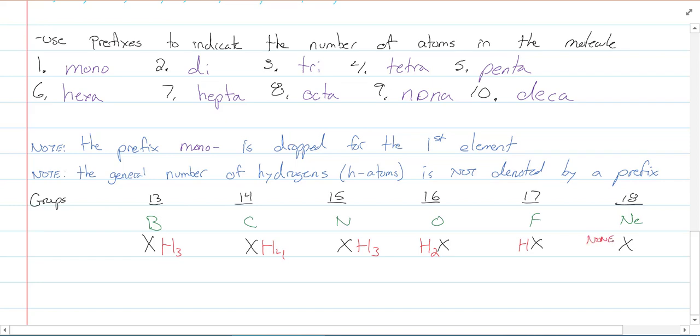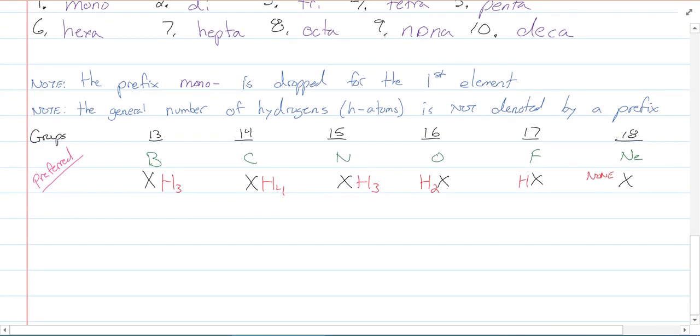So group 13 is pretty much going to have 3, like that's what they prefer. Let me write that down. That doesn't mean they get what they prefer, but that's the preferred number of hydrogens per the column. And this will make a lot more sense once we draw the Lewis structures and you see the patterns.